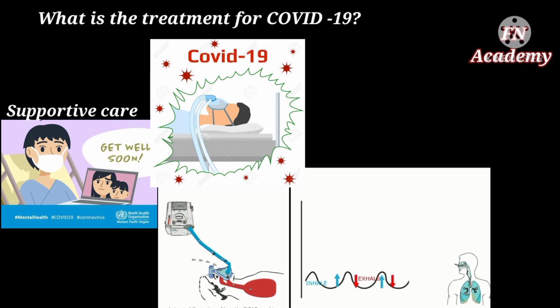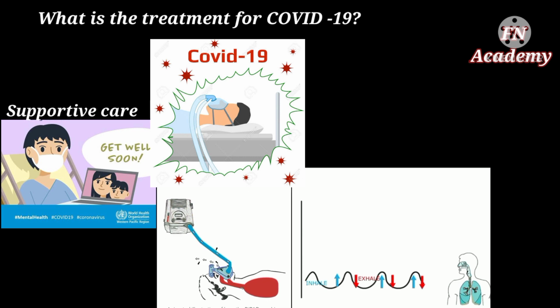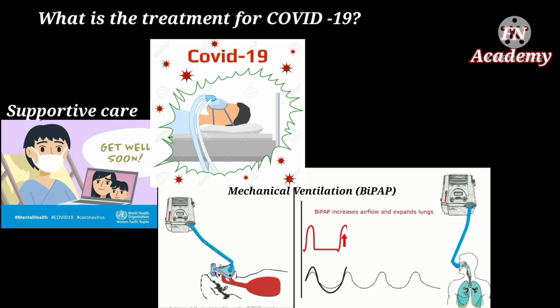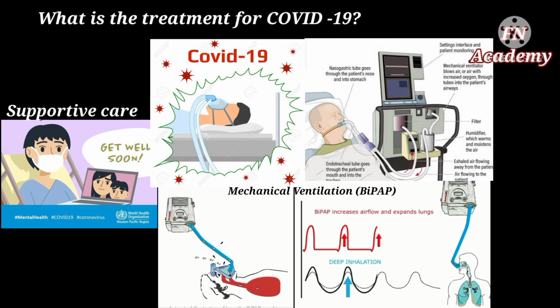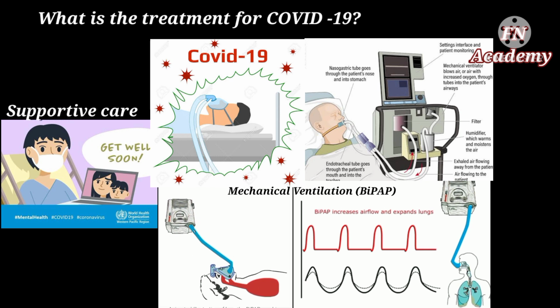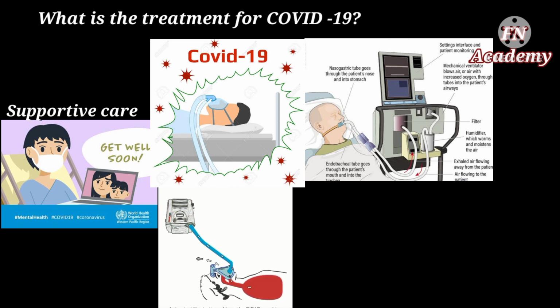If the oxygen is insufficient to help the patients to breathe, healthcare providers may choose to put patients on mechanical ventilation such as BiPAP. BiPAP pushes air into the lungs and helps the user to take a deeper inhale. And in some situations, they may need to intubate and oxygenate the patients through conventional ventilators.